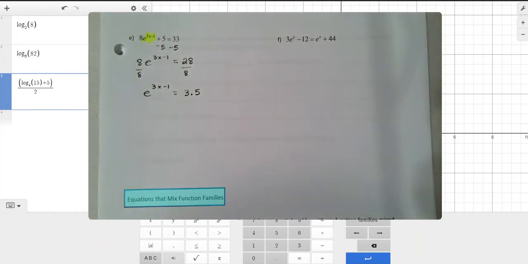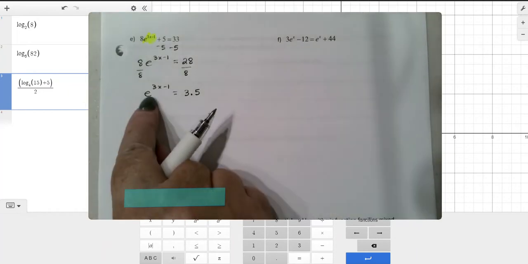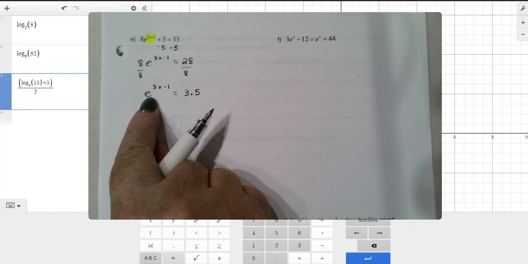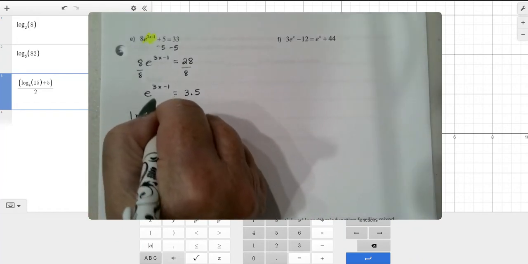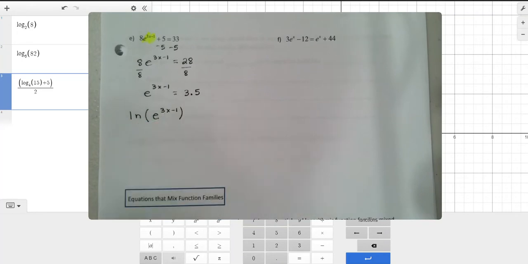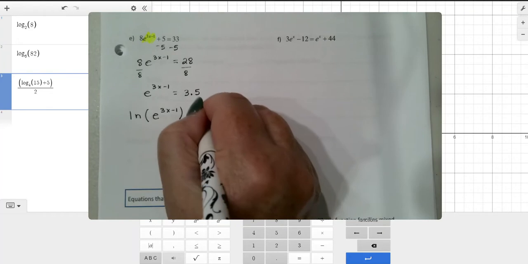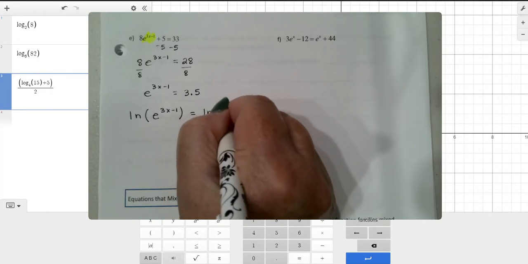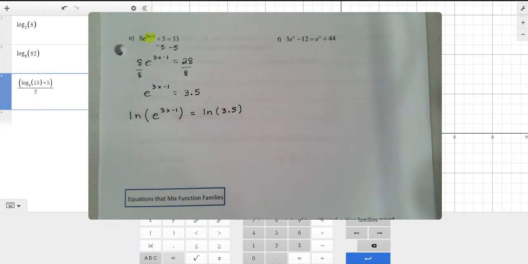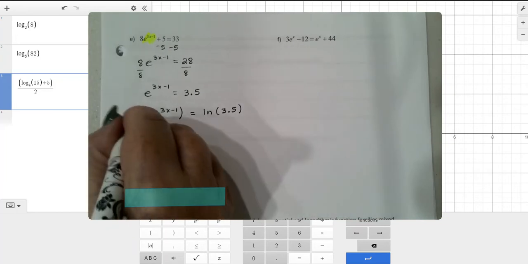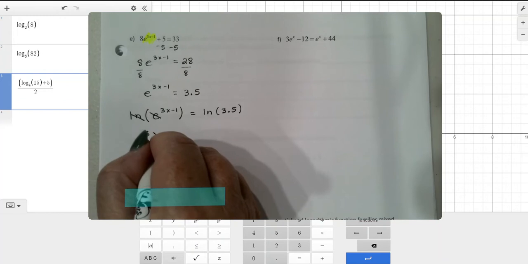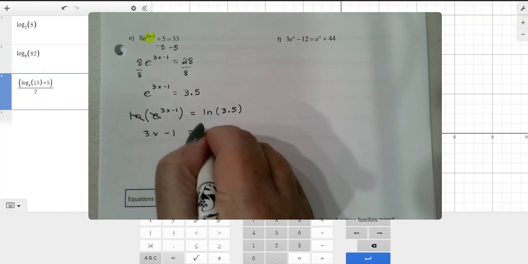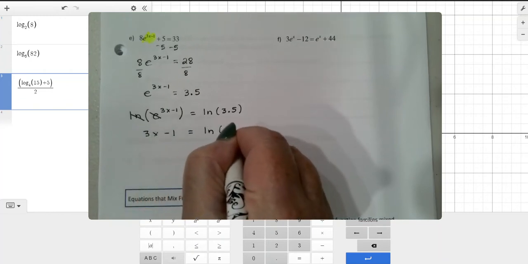All right, I need to get rid of the exponential base e. The inverse function is the natural log. So I take the natural log of e to the 3x minus 1, and on the other side, the natural log of 3.5. There are those inverse functions again. That just leaves us 3x minus 1 equals the natural log of 3.5.